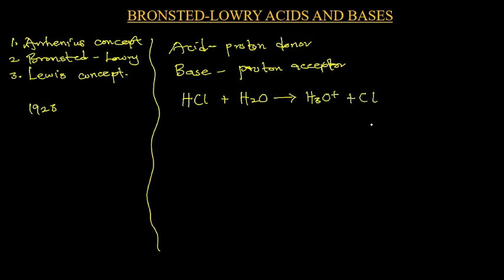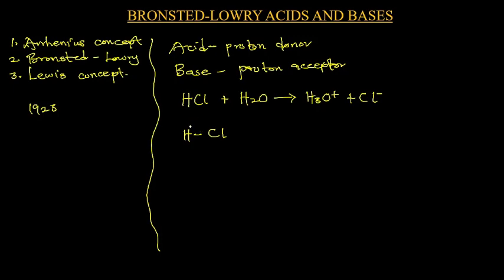So what's happening here? You realize that the chlorine here has a hydrogen attached to it, but at the other side of the equation, there is no hydrogen there, so it carries a negative charge. So we have HCl in water, hydrogen bonded to chlorine, and you know that chlorine is more electronegative than hydrogen.